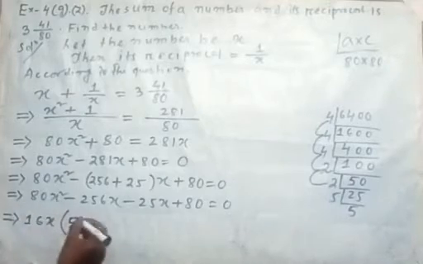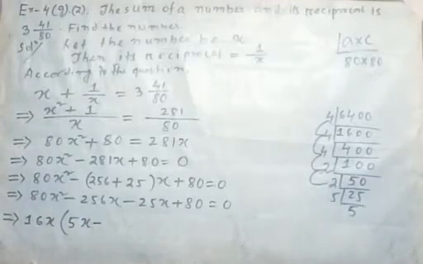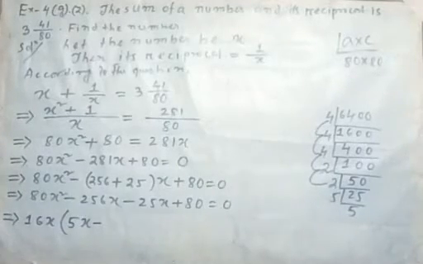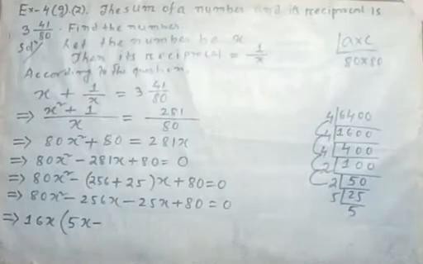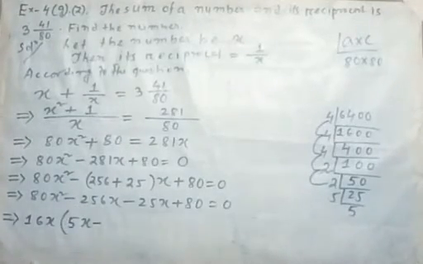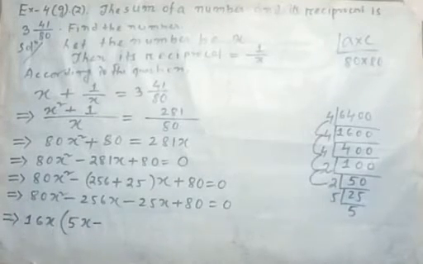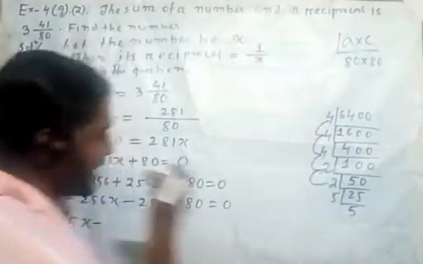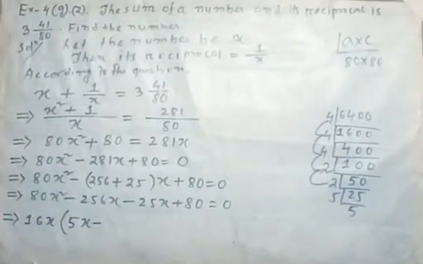Then minus is minus. Now what is this? 256. From 256 we have taken how much? 16 is common.